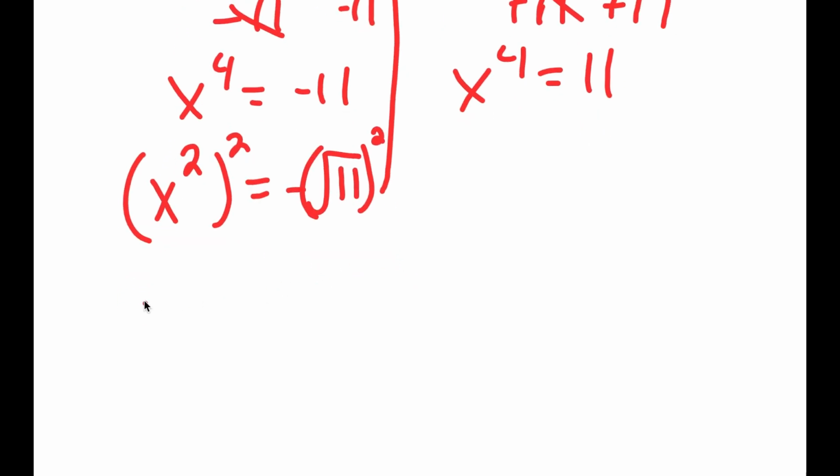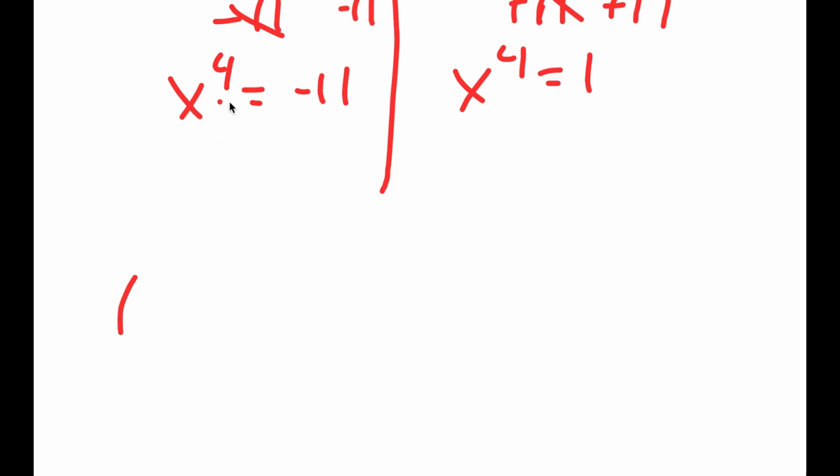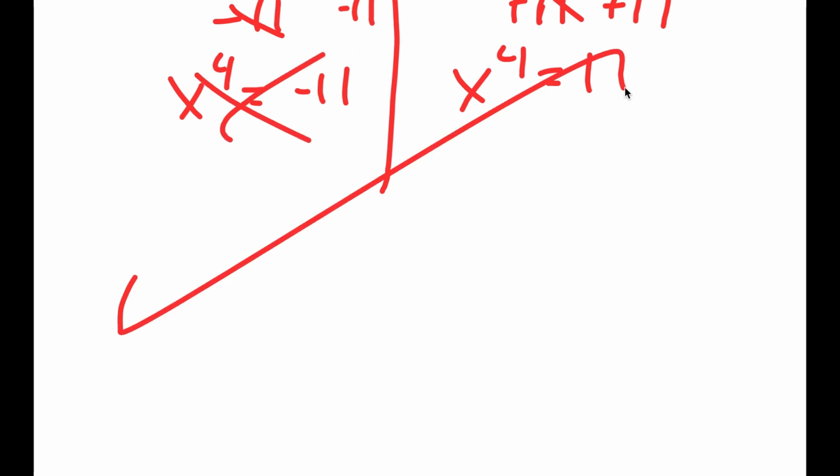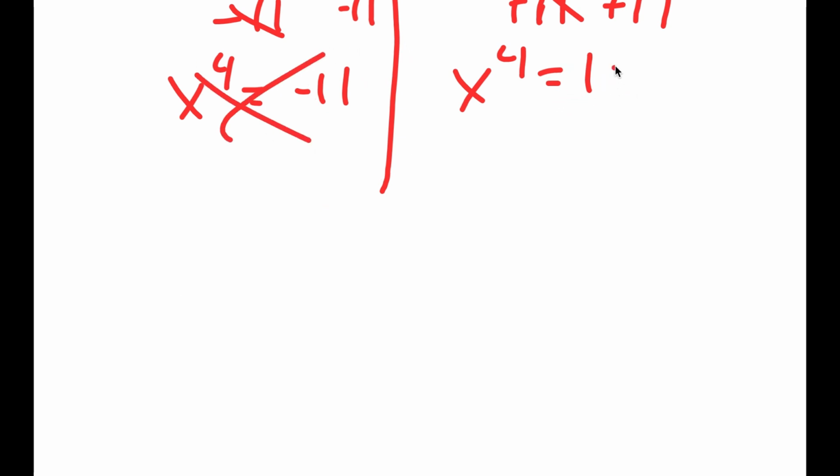And now this means that x squared to the power of 2, this actually has no solution because I have a number to the power of an even number exponent equaling a negative number. So this is wrong. X to the power of 4 is equal to 11.